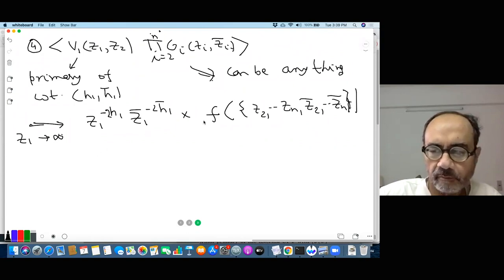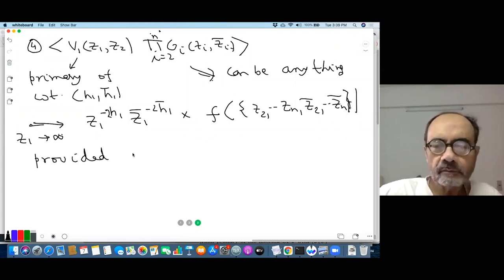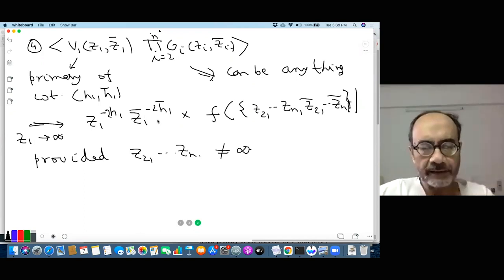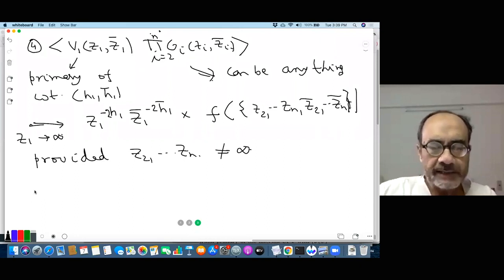This of course assumes that Z2 to Zn are none of them at infinity, so these have to be finite points. Sorry, there was a mistake here, this should have been Z1 bar. So if these are kept at finite points, and you take the argument of V1 to infinity, then it falls off as Z1 to the minus 2H1, Z1 bar to the minus 2H1 bar. Okay. So these are general relations in a CFT.